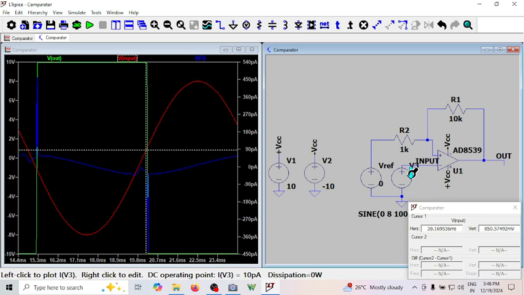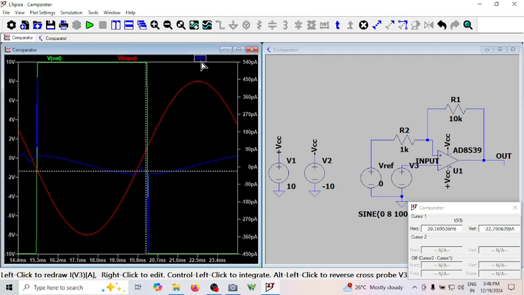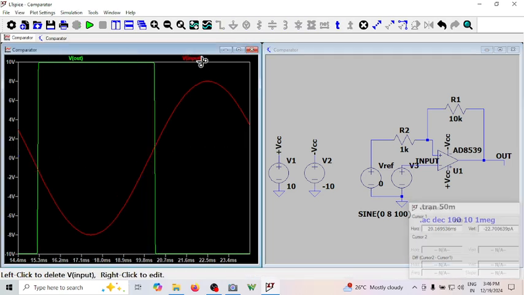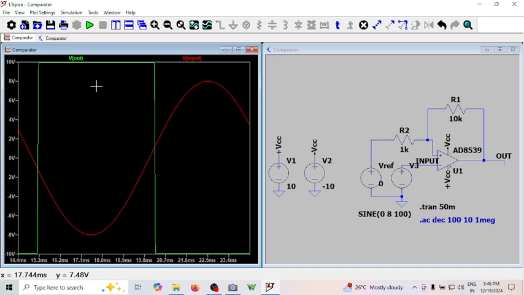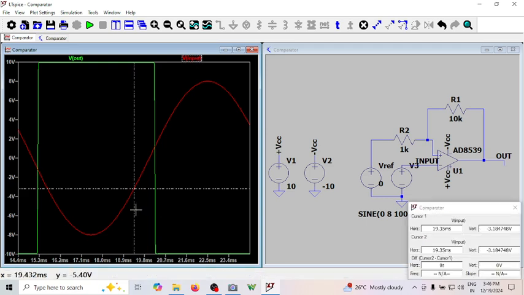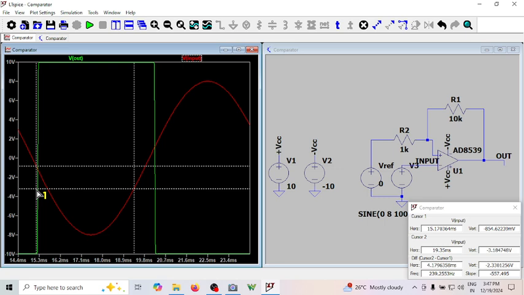This current also came, let me delete this. Let me move on to find what is VTL. VTL is the point where it is making a transition from minus to plus, somewhere here, which is now minus 1 volt.